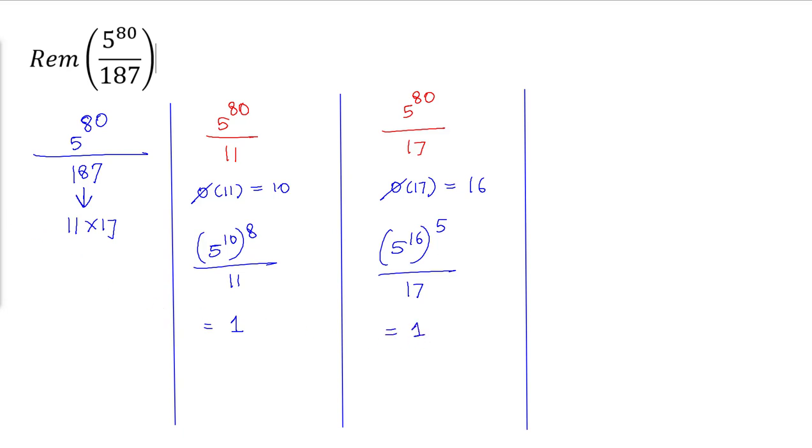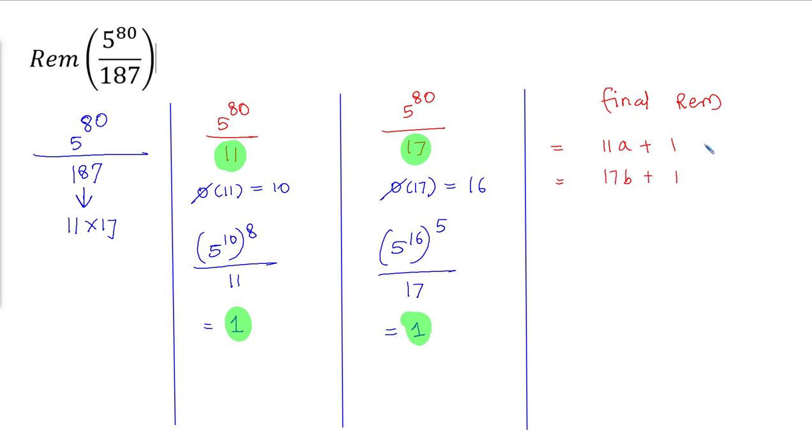Okay everyone, so now our final remainder is going to be what? Let's have a look at it. The final remainder is going to be a number which when divided by 11, the remainder is 1, and which when divided by 17, the remainder is 1. Means the final remainder is a number in the form of 11a plus 1, that is multiple of 11 plus 1, and multiple of 17 plus 1, that is 17b plus 1.